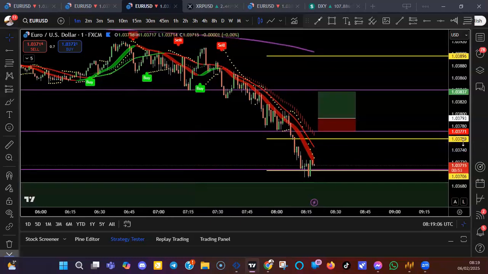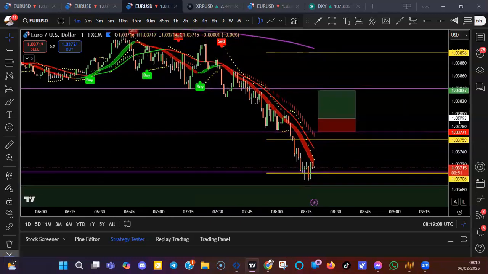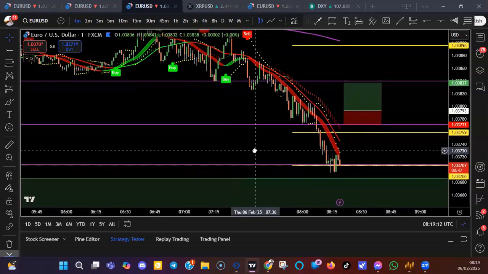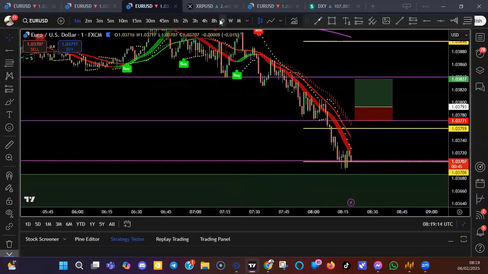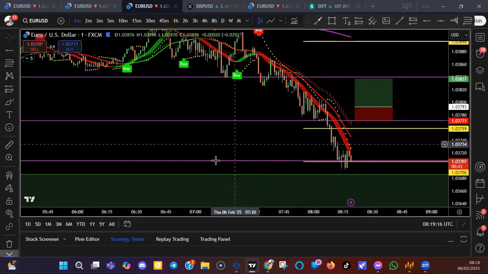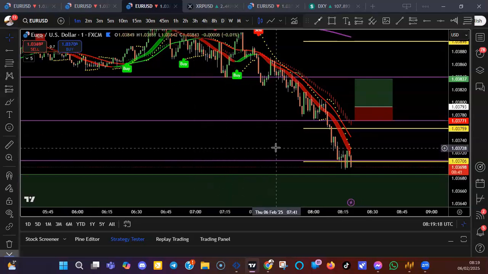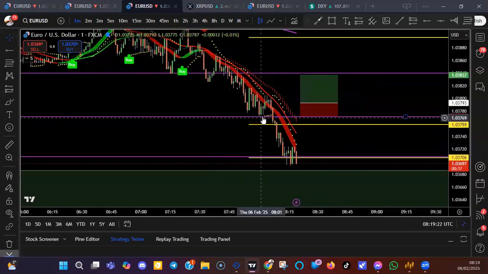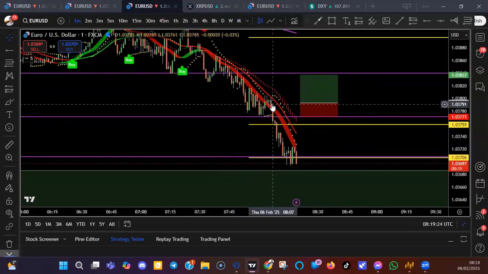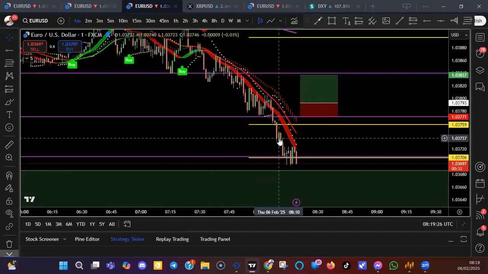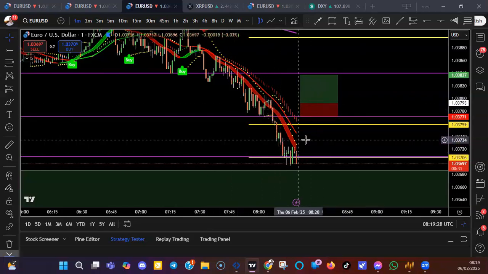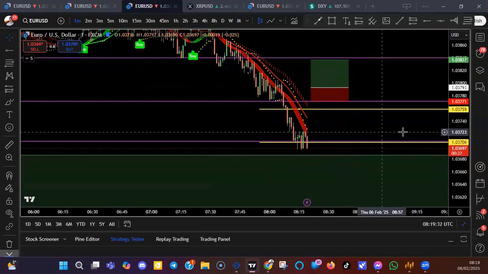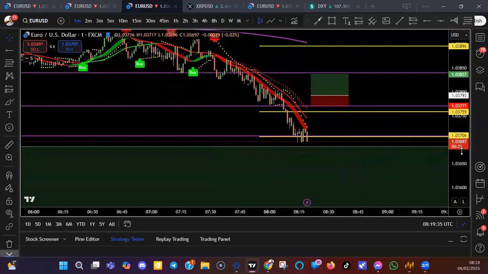Don't come to the party in a panic, not knowing what's going on, because we do know what's going on, thanks to the daily and the 4 hourly, drawing your support and resistance lines in. It's not a big surprise to us that price bounced up there and was waiting for a lot of volume to get over there. It's not a big surprise because we know we are now in the buy zone. So you wouldn't want to be taking a sell.